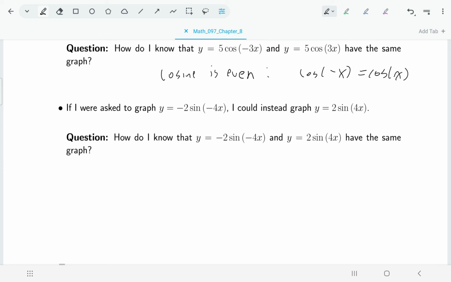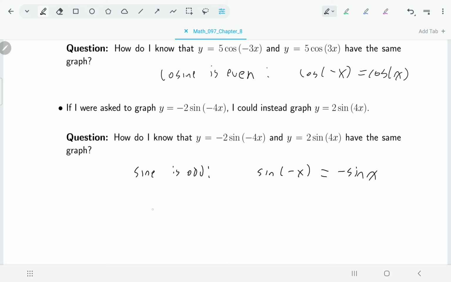Similarly, you could do something with this. If I had negative 2 sine of negative 4x, I could say that that's apparently the same thing as positive 2 sine of positive 4x. And the reason for that is because I know that sine is odd. And because sine is odd, if you had a negative number in front of the angle, that negative could come out in front.